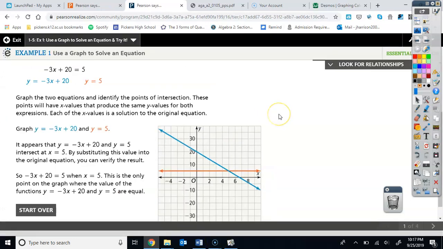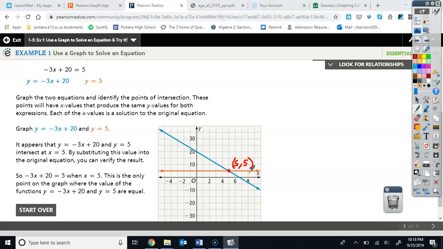Now, technically, that point has a y value also. Is the point 5, 5, if you look at it, because it's right 5, and then remember we're counting by 5s on the y-axis, so it's technically the point 5, 5.